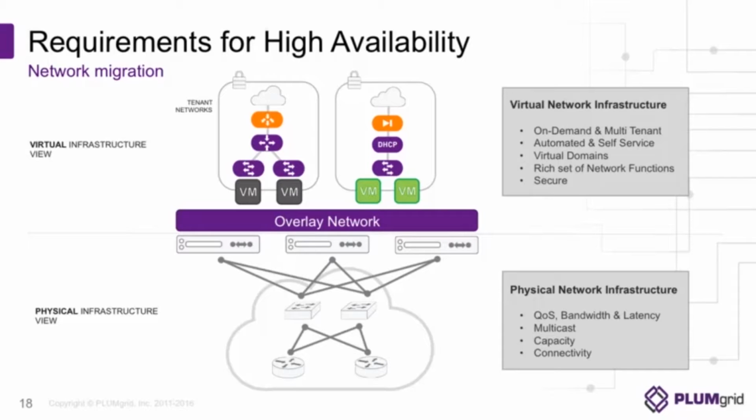And this situation warrants looking at the properties of those two worlds. When you have physical networking infrastructure, your quality of service, bandwidth, and latency are very important. You also get to do multicast in your physical network infrastructure.